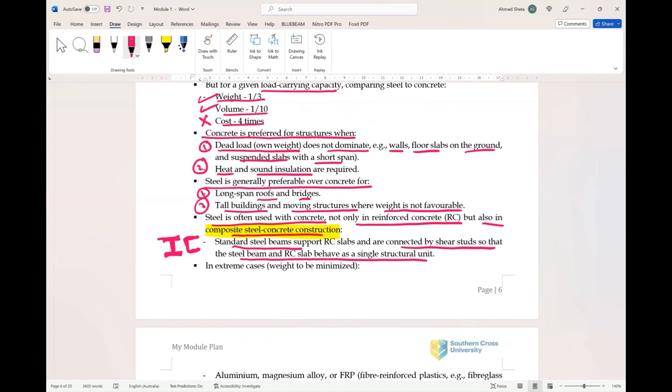So I will show you an example of this. This is our structural steel beam, and on top of this there is a slab. In this slab we have some shear studs. So this is the RC slab, these are the studs, and this is the steel I beam.